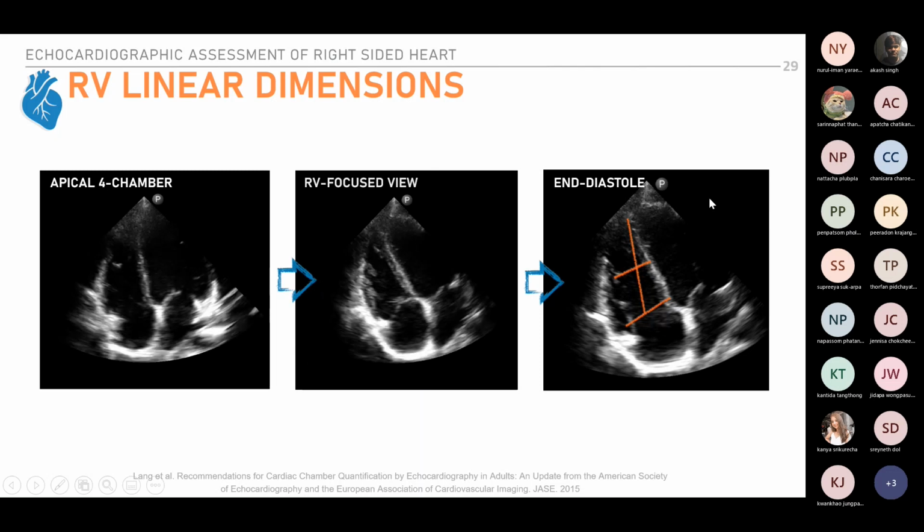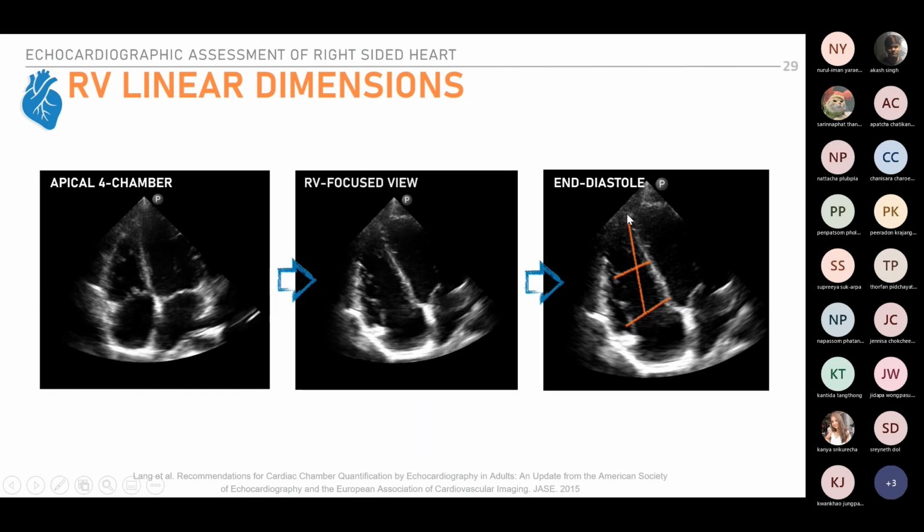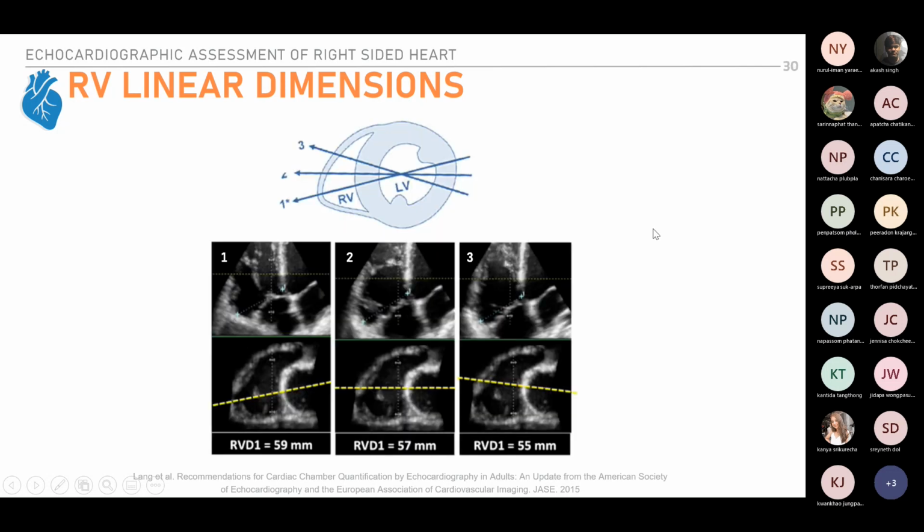Then choose end-diastolic phase to measure RV basal, RV mid, and longitudinal diameter. This is a limitation of this measurement: it depends on transducer rotation. So you should rotate the transducer until you get the maximum RV diameter, then record that view.